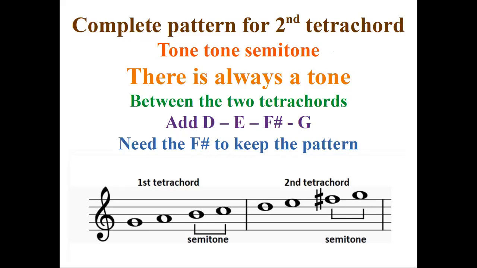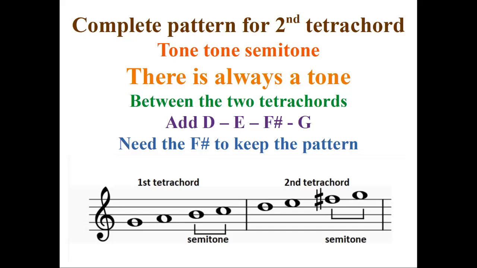So here's the complete pattern for the second tetrachord. Tone, tone, semitone. Remember that there's always going to be a tone between the 2 tetrachords. So we've added the D, E, F sharp, and G. Now you might ask, why the F sharp?